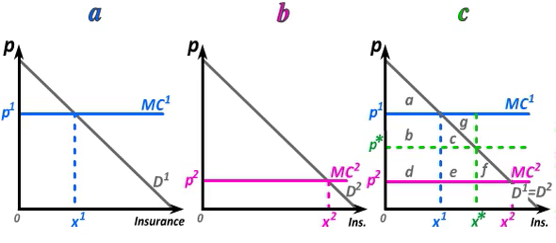So we get an overall change in surplus of C minus E minus F.